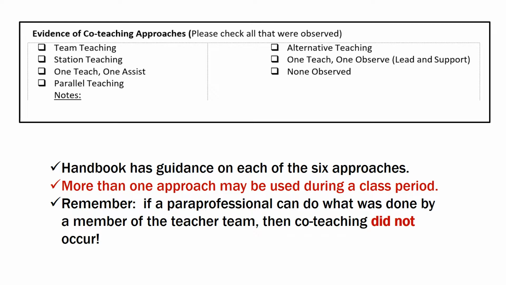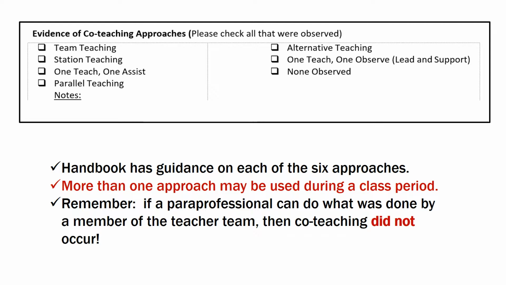The handbook or the reference guide can provide you specific information on each of these 6 co-teaching approaches, including what team members will be doing during each approach and how the classroom might even be set up. Now, depending on the instructional content, a team may use more than one approach during an observational period.